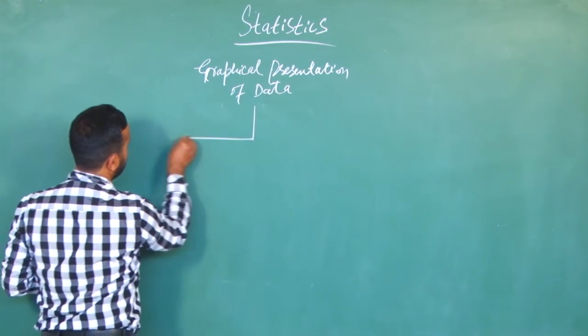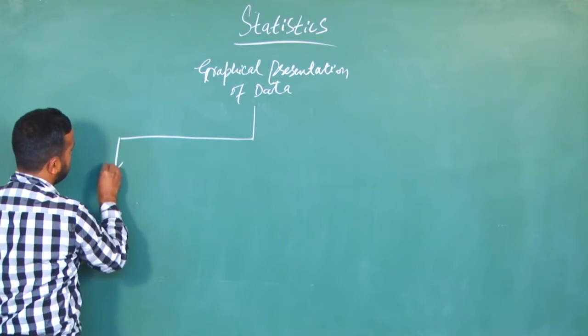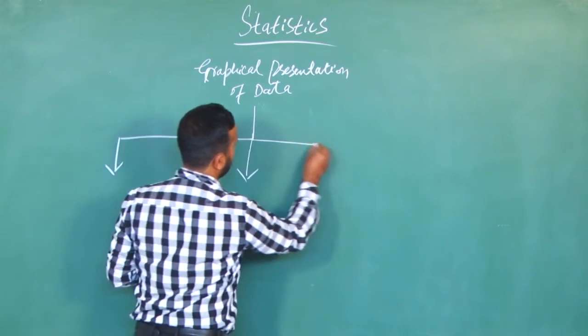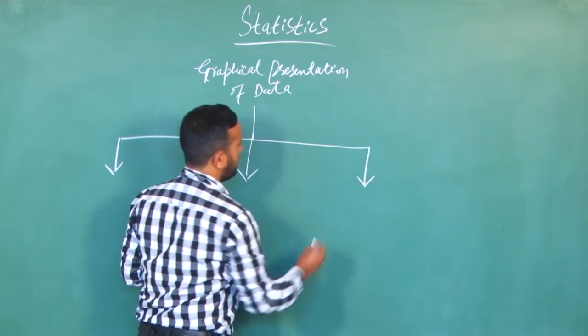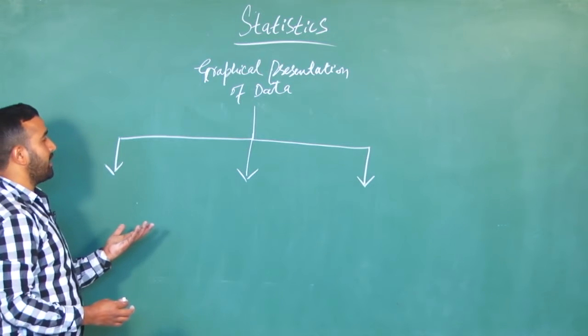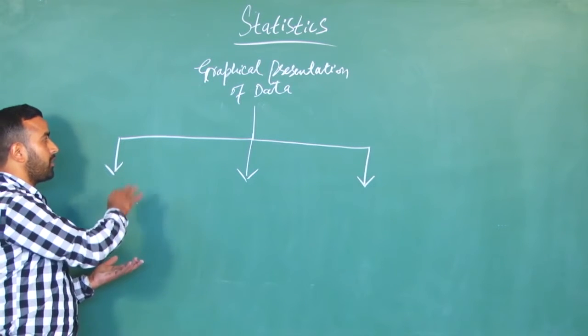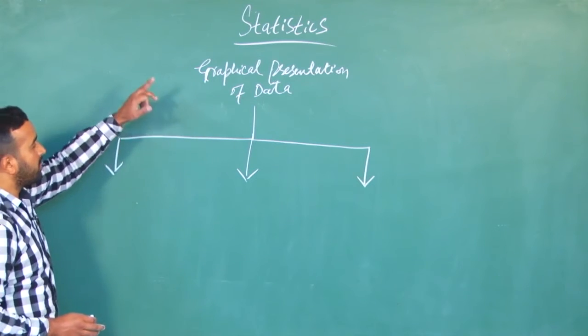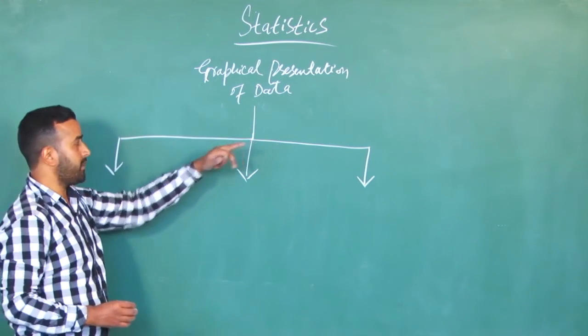We have 3 ways for this. We are going to discuss what the 3 ways are, and later we will take numerical examples by which we can understand how to draw these types of graphs. Let us first understand the various types of graphical presentations.